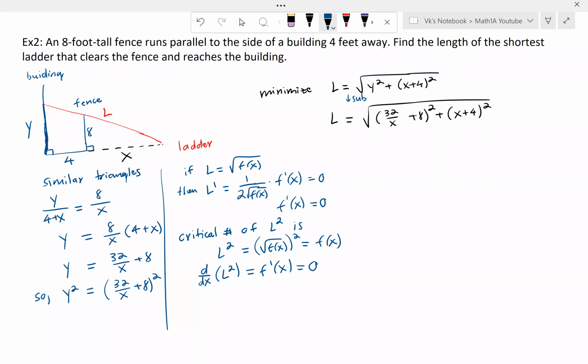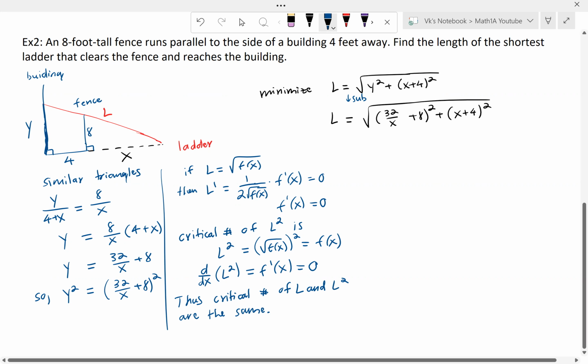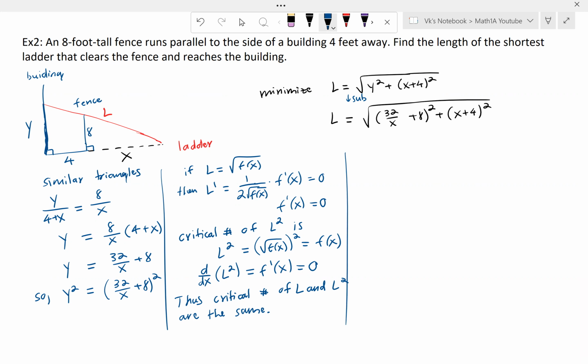So the critical numbers of L and L squared are the same, which means that instead of working with L, we're going to work with L squared.